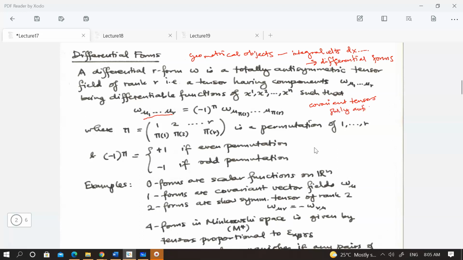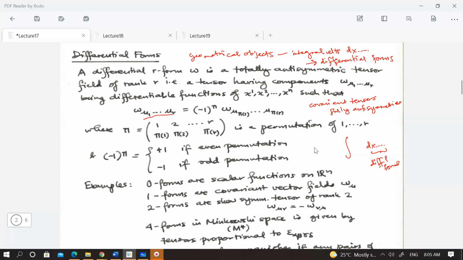So they will replace the integral elements, the one that you integrate. For example, when you do the integration, you have some variables here. That is now being replaced by differential forms.